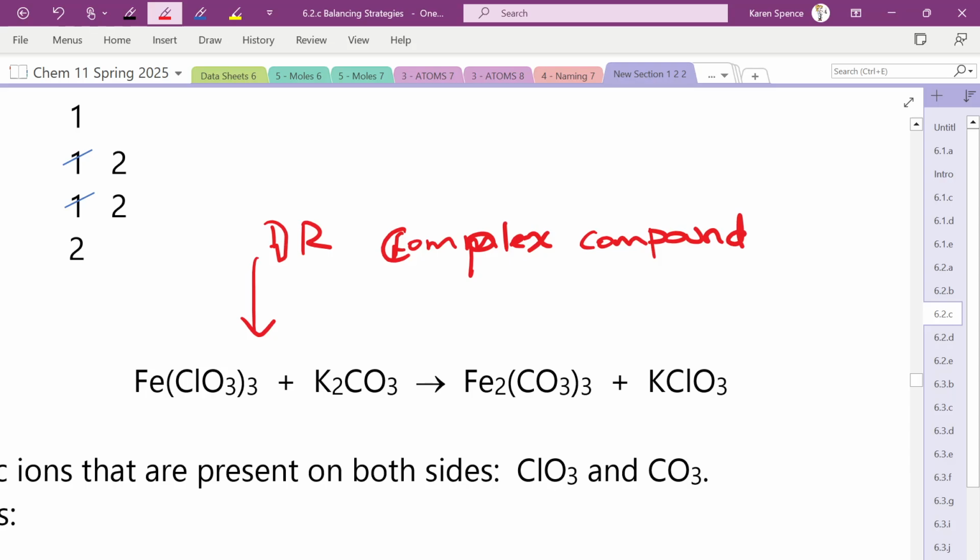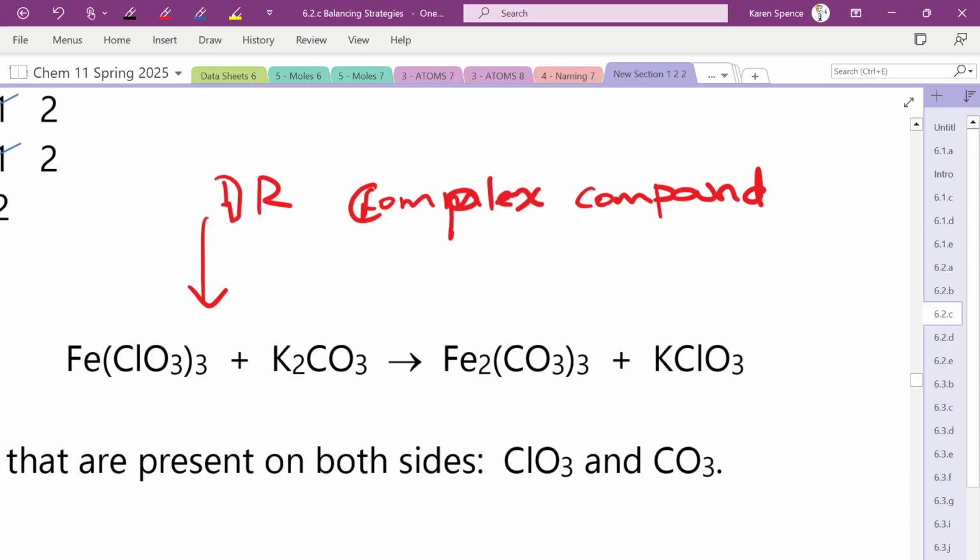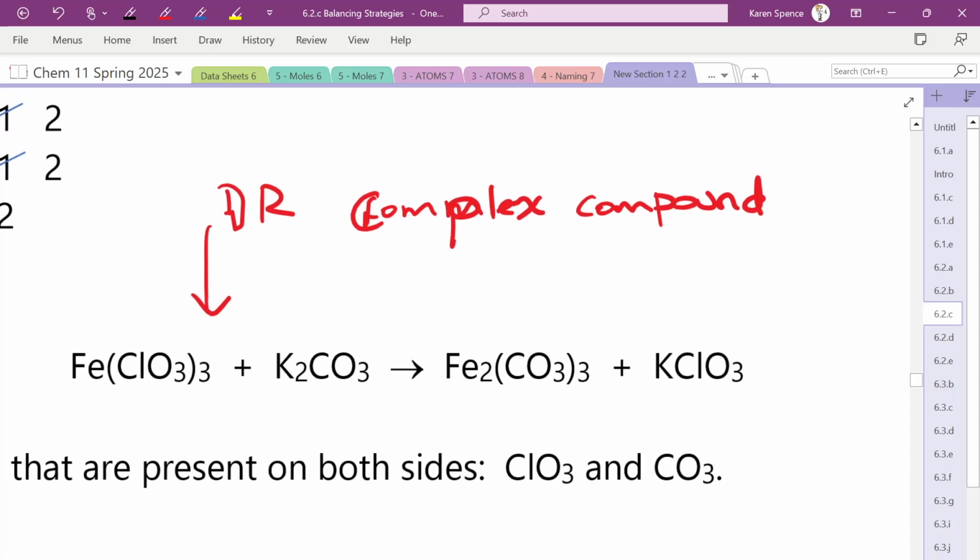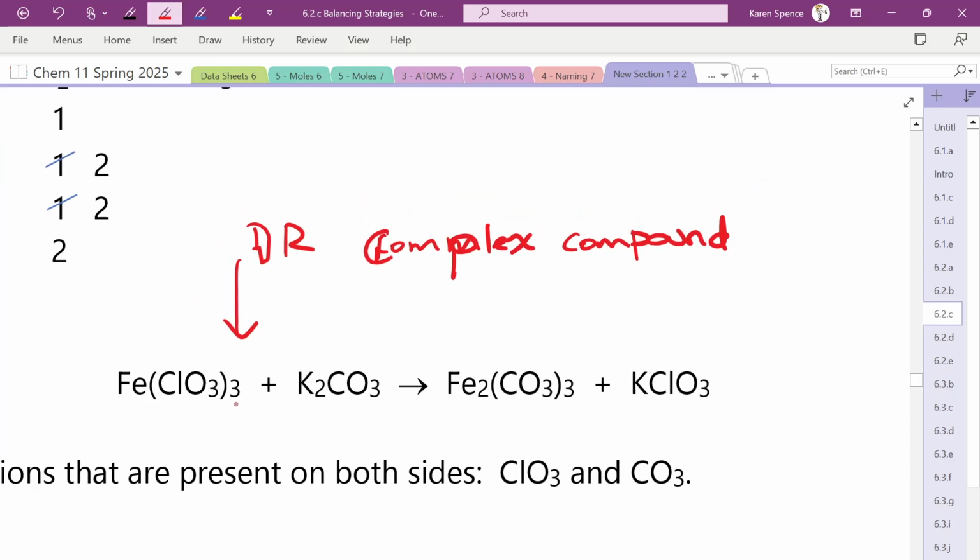Who is the most complex compound in this equation? Is it FeClO3? Is it K2CO3? Is it Fe2CO3? Or is it KClO3? It's this one, right? So we're going to want to balance the iron and the carbonate first.